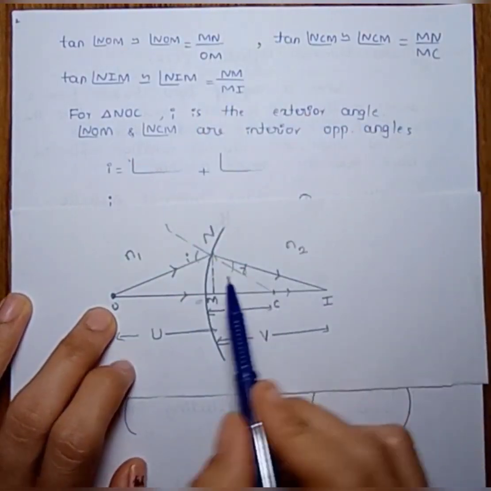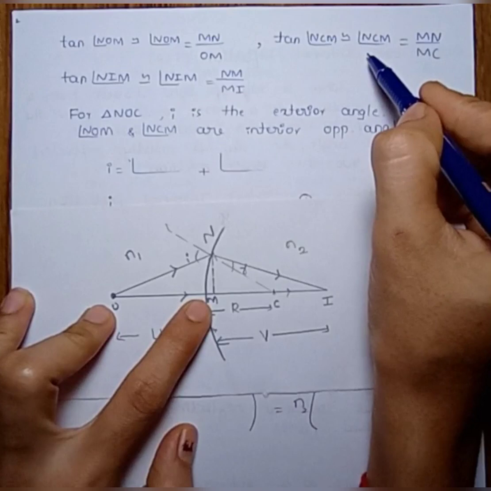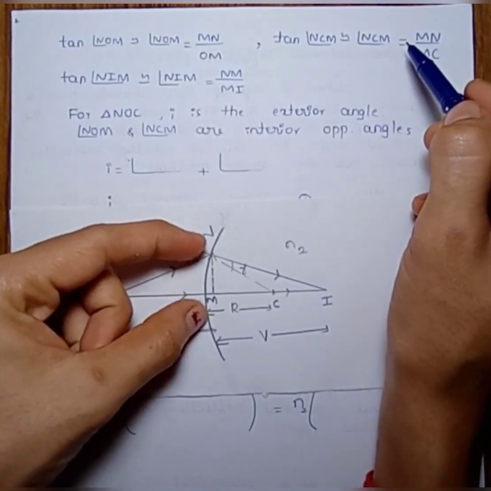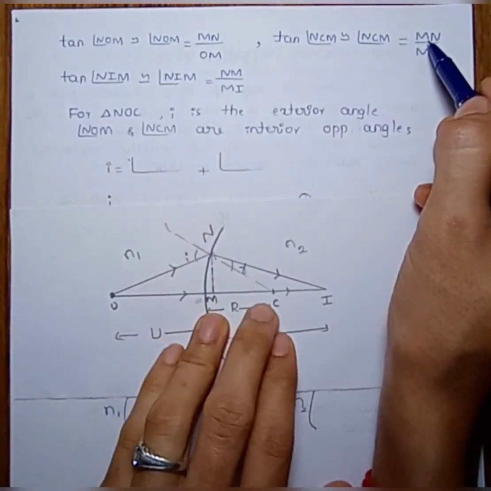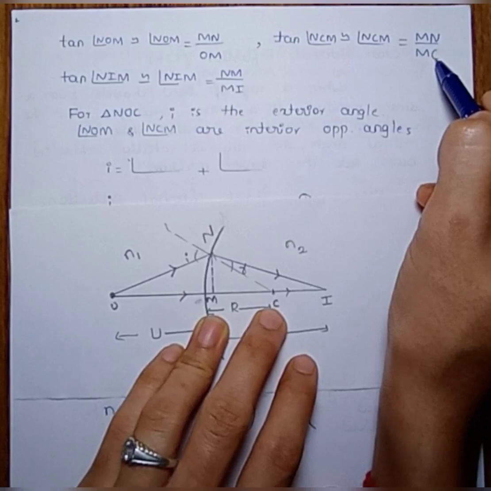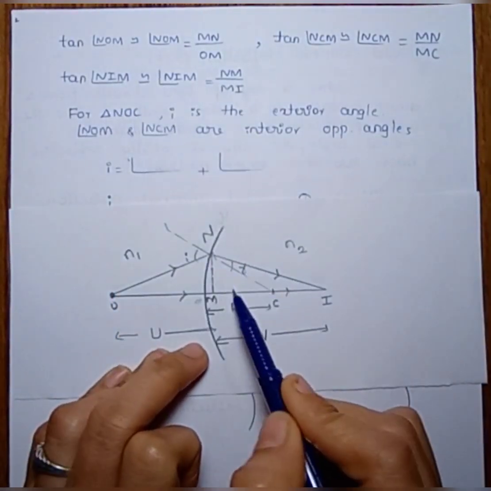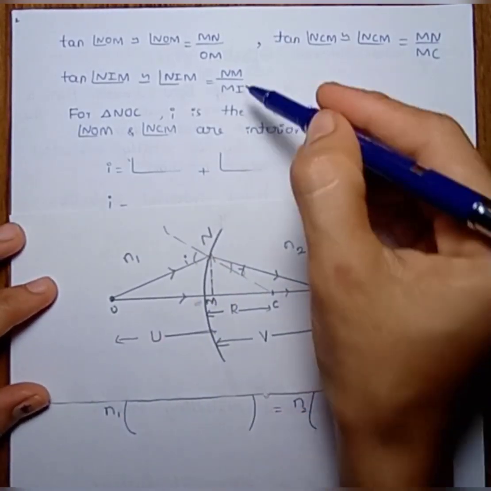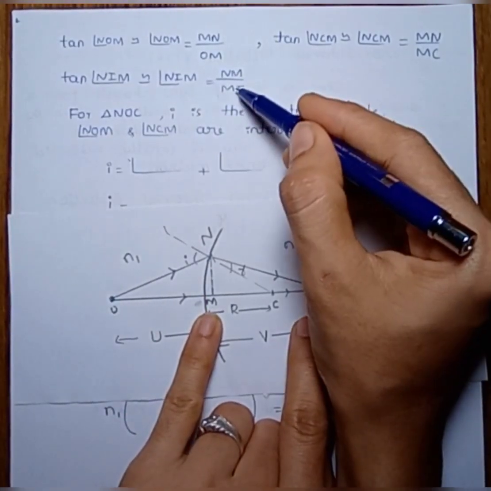In the similar way, tan NCM, which is nearly equal to angle NCM, gives opposite side MN divided by adjacent side MC. In the similar way, tan NIM equals NM opposite divided by adjacent MI.